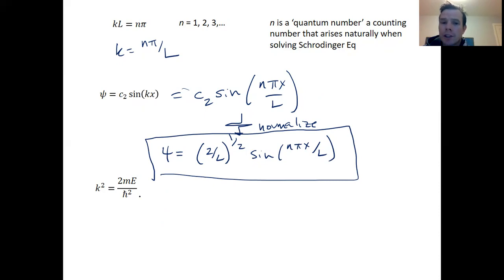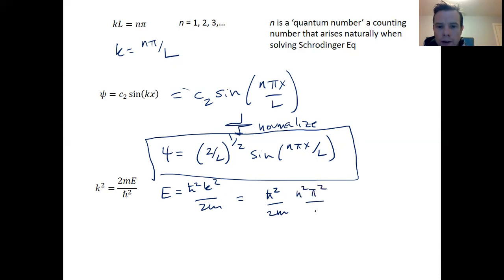And so this was our definition of k. I can solve this for energy: E equals h bar squared k squared over 2m. I then take my expression for k and I plug this in: h bar squared over 2m, n squared pi squared over L squared. Remember that h bar equals h over 2 pi.